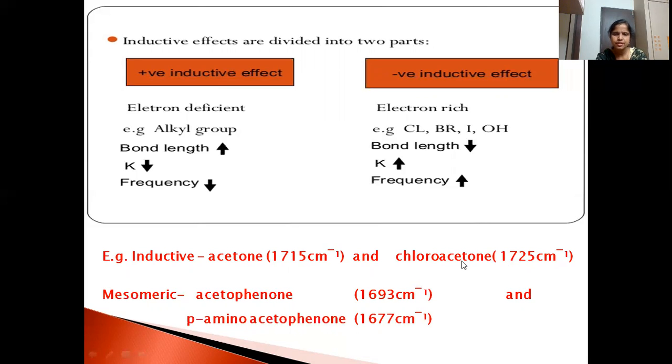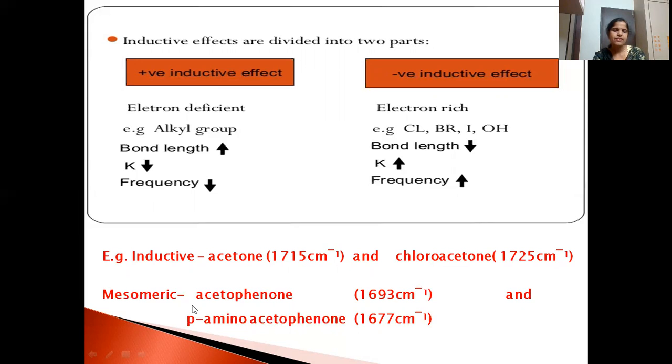Why does it show an increase? When chlorine is attached at the alpha position, as it is a minus I group, it withdraws electrons from the C=O group. That means the C=O bond length will decrease, so its force constant increases. As the force constant is directly proportional to the frequency, the frequency also increases.